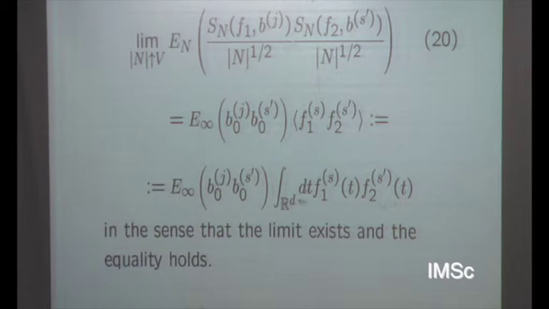You immediately see that the delta function will be related to independence. Because if F1 and F2 have disjoint support, the correlation of these two is 0. But you know that the limit you expect will be a Gaussian process. And you know that for a Gaussian process, two random variables are independent if and only if they have 0 covariance. Okay?